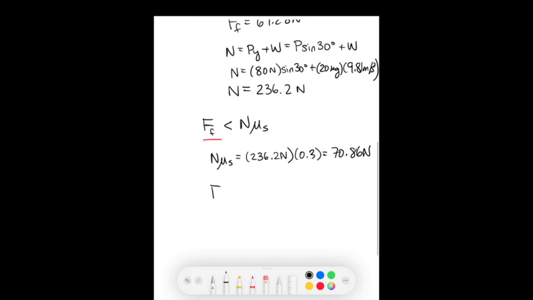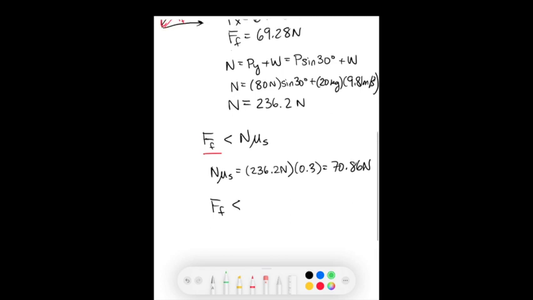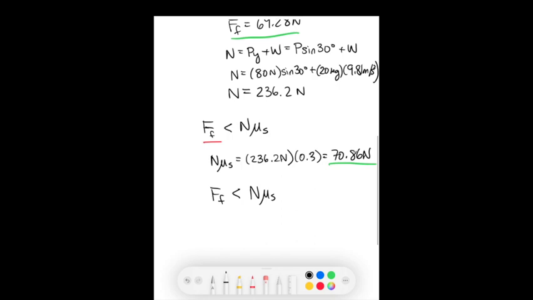Okay, so we see that the friction force is in fact less than the normal force times the static friction coefficient. So the answer is yes. The crate will remain in equilibrium.